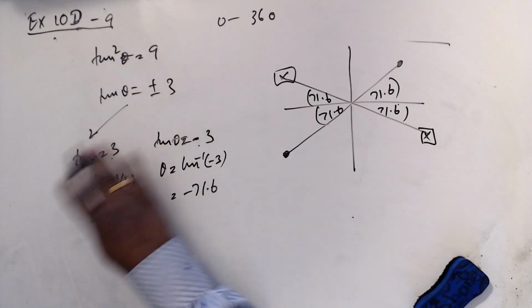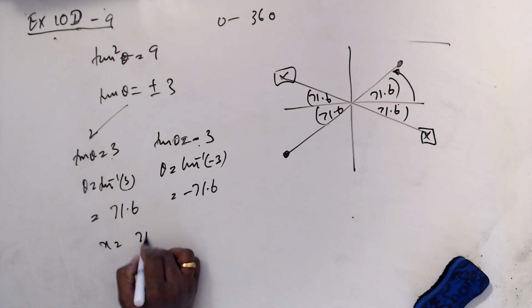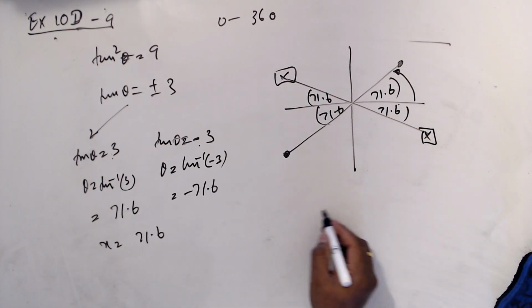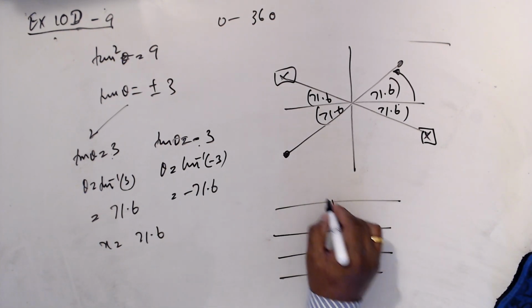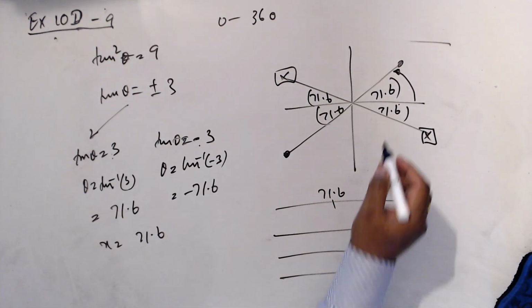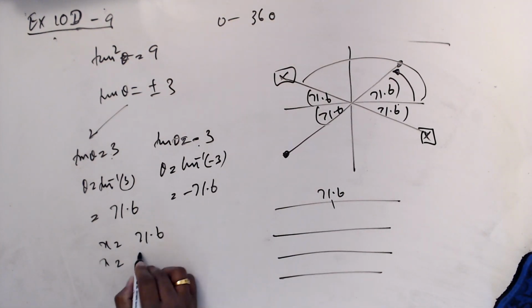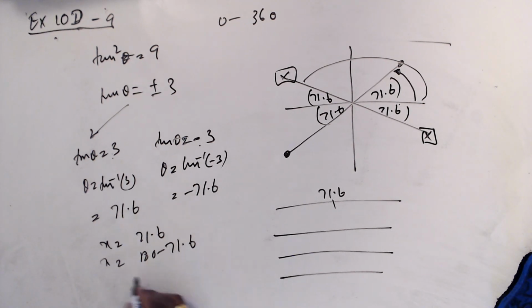We'll work them all together. One is 71.6. Yes, it's within the range. Now 1, 2, 3, 4. One is 71.6. The other one is 180 minus 71.6, so that is 108.4.